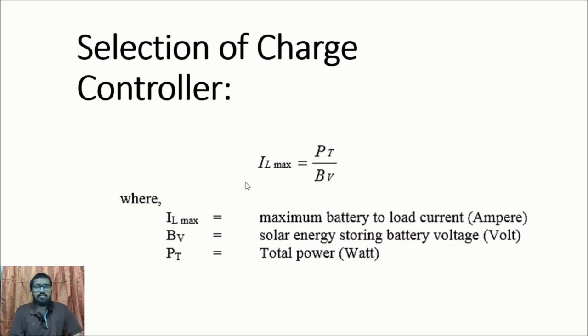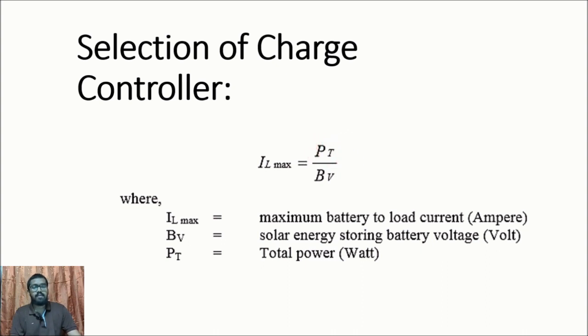Selection of the charge controller is the most tricky part. Actually, you can use this formula. IL max is the maximum battery to load current in ampere, and PT means the total power. Remember, PT means the total power, not total energy required by your load.